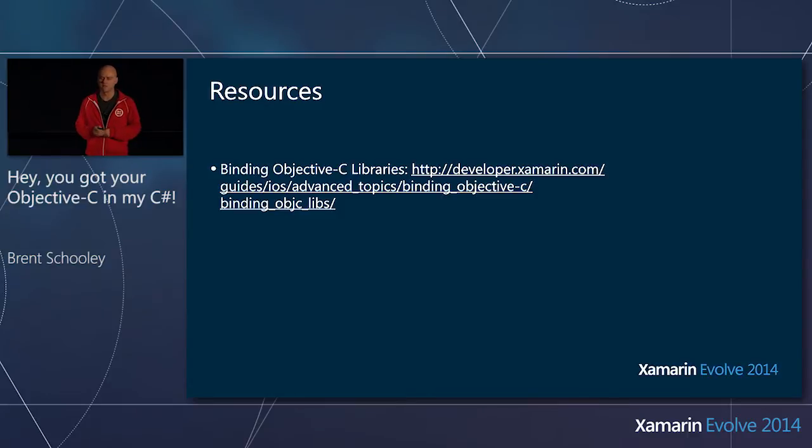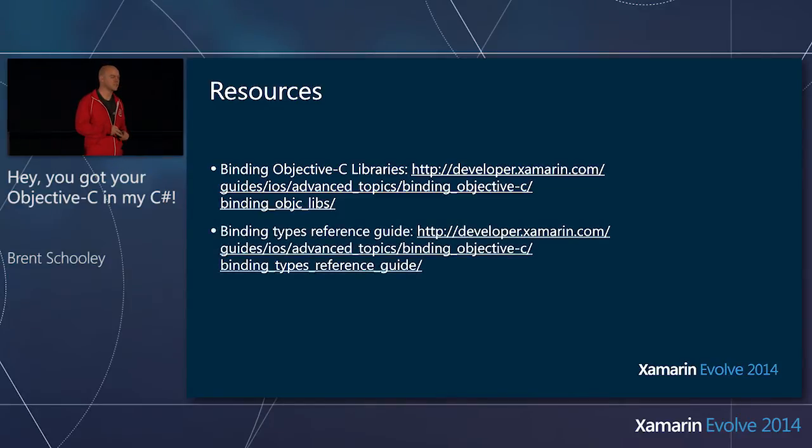So there's some things we didn't touch on that this will cover. And if you really want to geek out on this, the binding types reference guide goes into detail on a ton of objects in the binding process. So you can take a deep dive and see how this stuff is working under the hood.